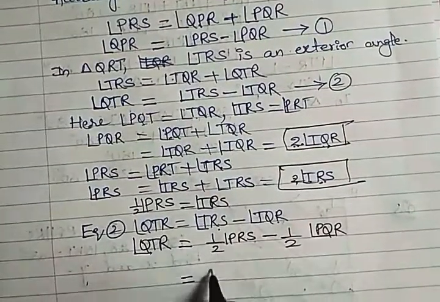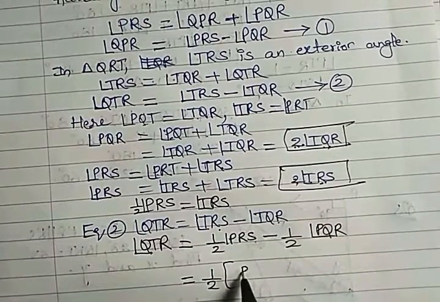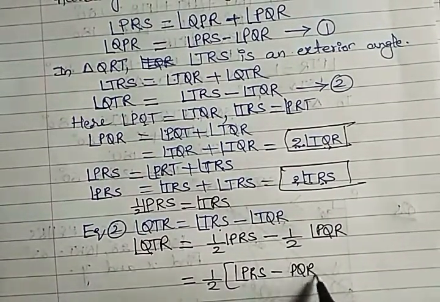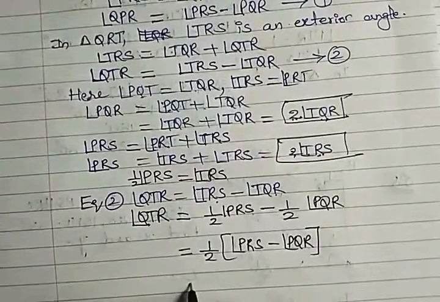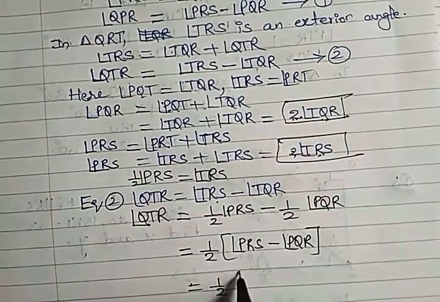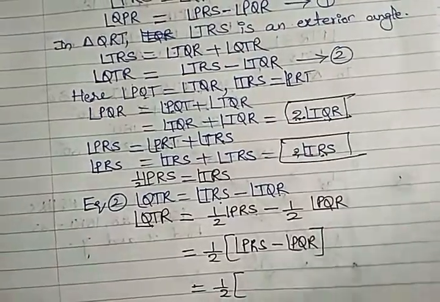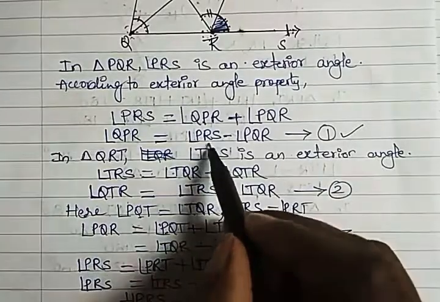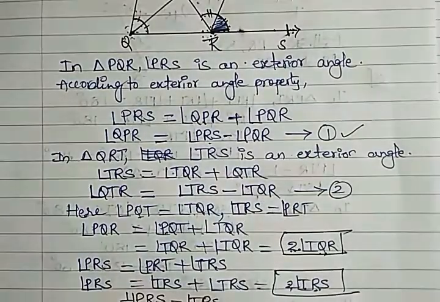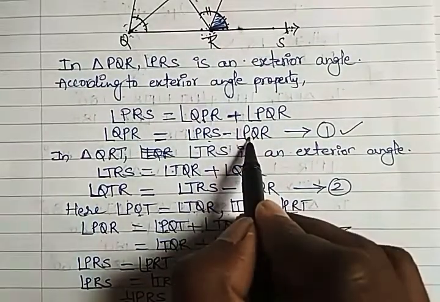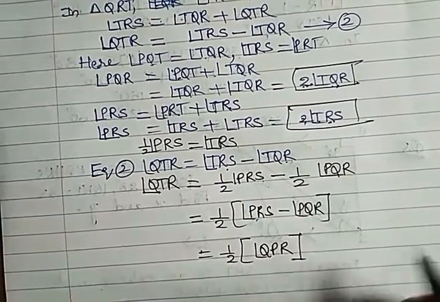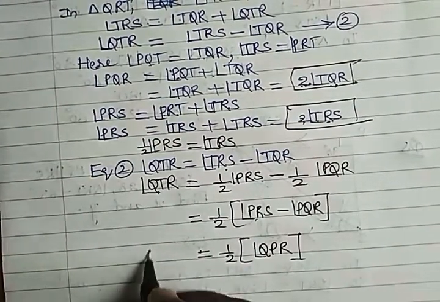In both we take the half common, so PRS minus PQR remains, and then again half into PRS minus PQR. See this equation 1. PRS minus PQR is equation 1. So PRS minus PQR is equal to what? QPR. So we'll write here QPR.